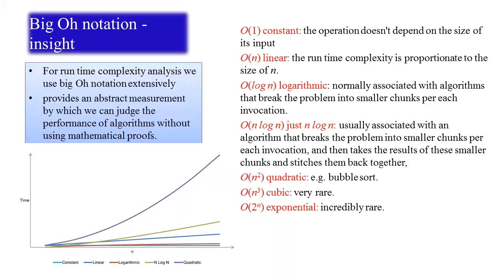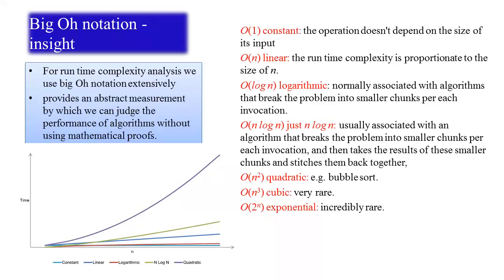The important aspect about the big O notation is that we don't require any mathematical proofs, rather we just want to state the complexity class. Even without mathematical proofs, we can judge the runtime complexity with the help of big O notation.